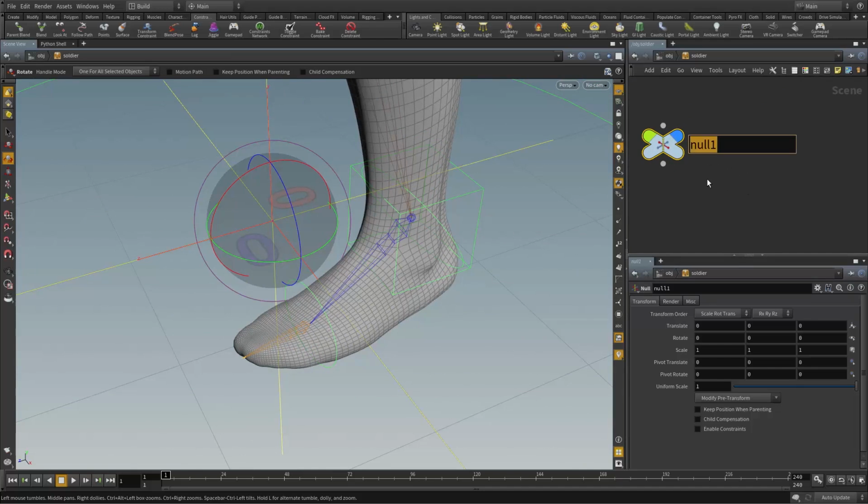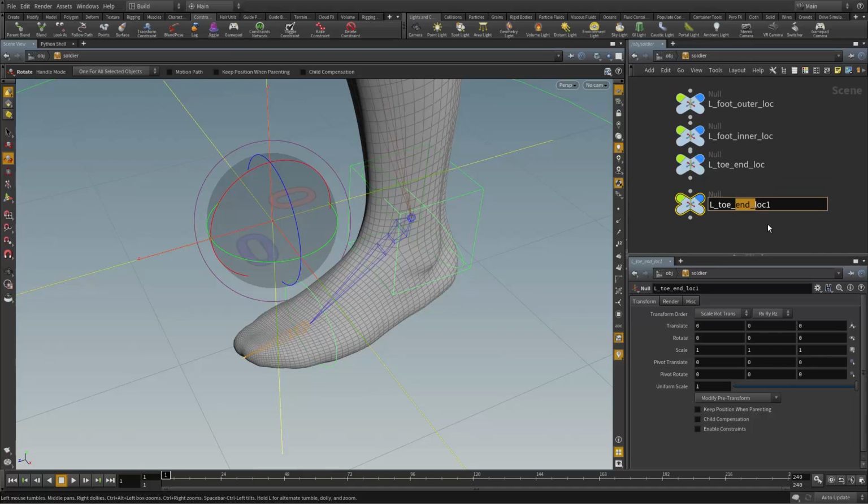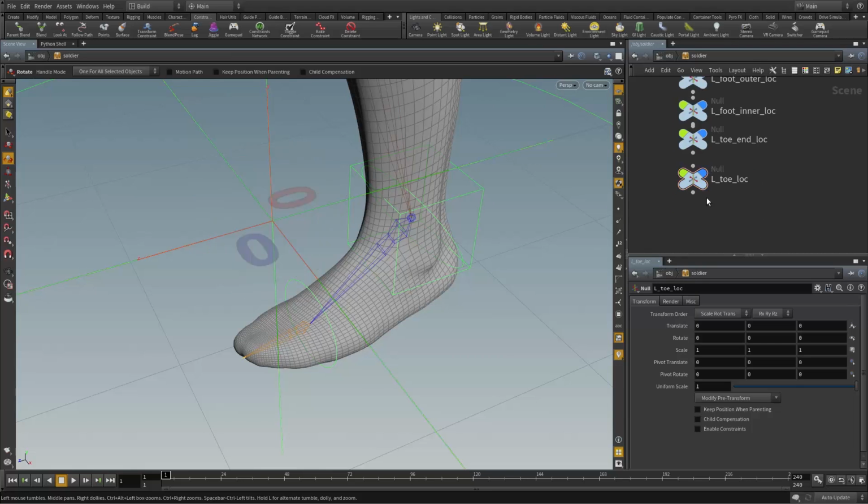So to start with, I'm going to have a left heel location, and then I'm going to have a left foot outer location, left foot inner location, left toe end location, left toe location, and a left ball location.